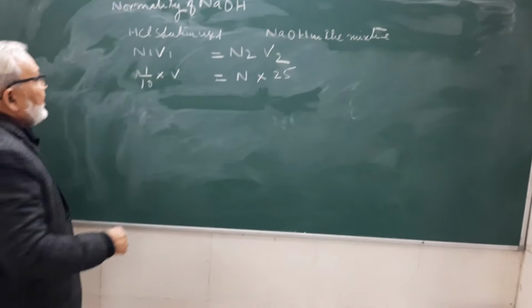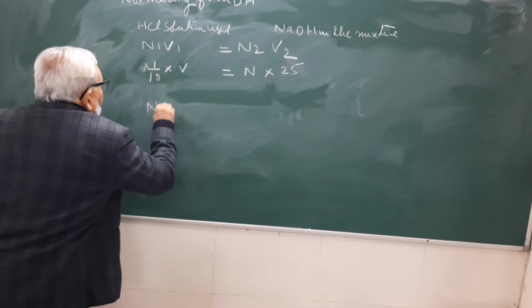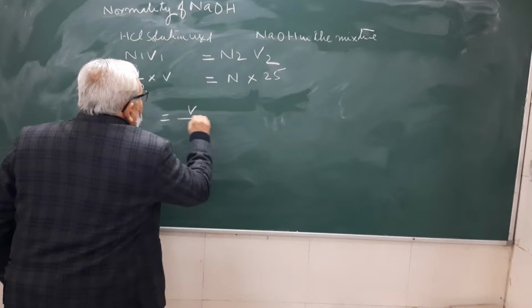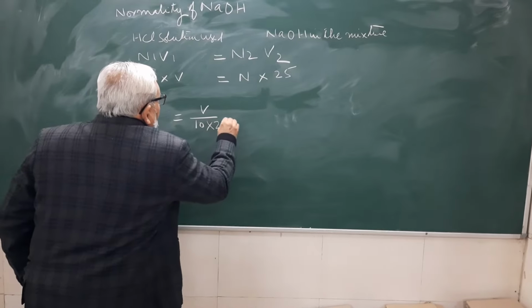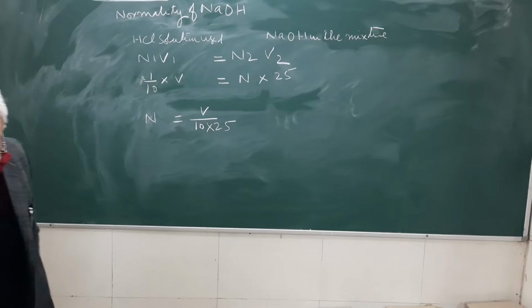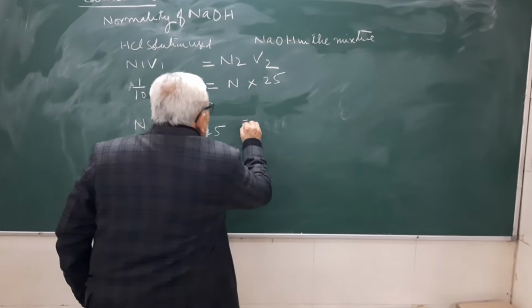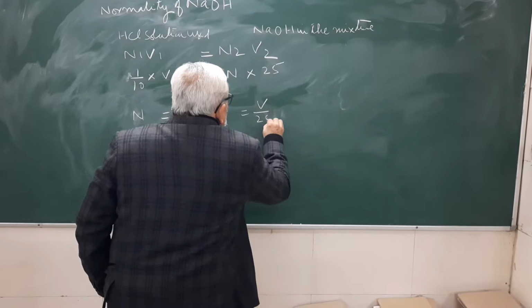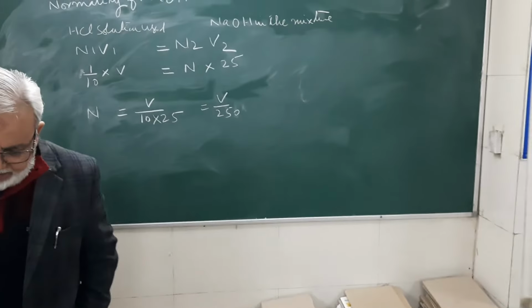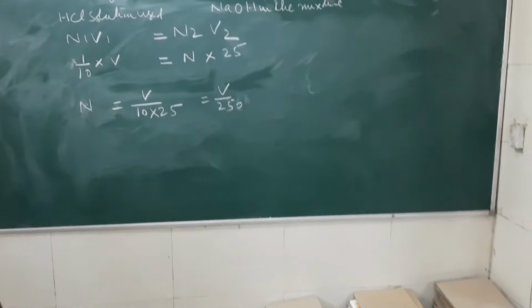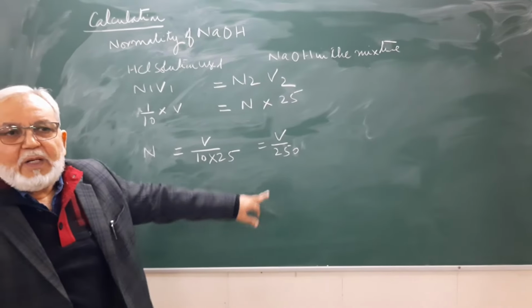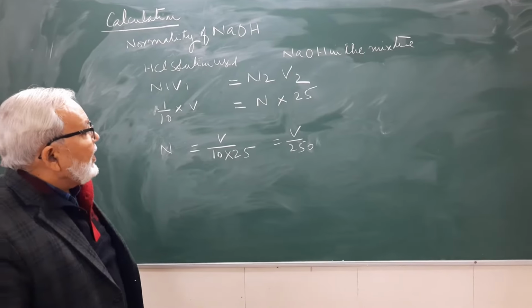So N will be equal to V upon 10 into 25, that is equal to V upon 250. So this V upon 250 is the normality of the NaOH solution.